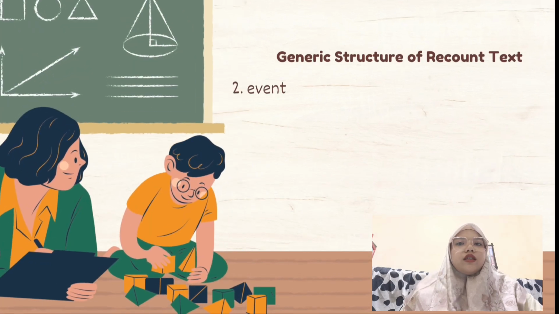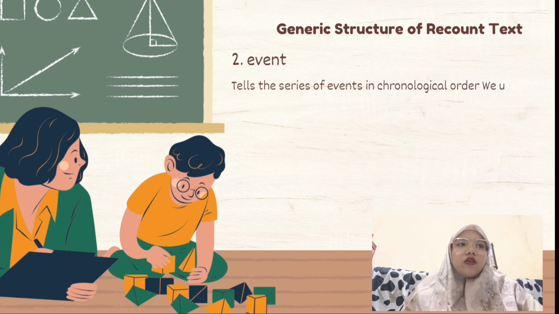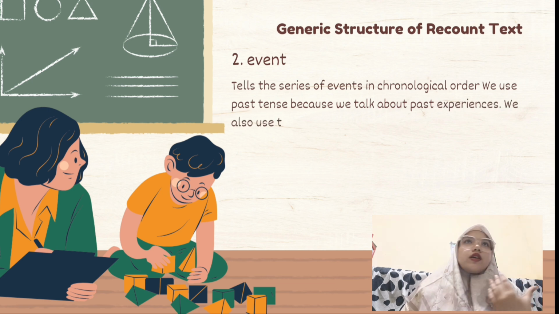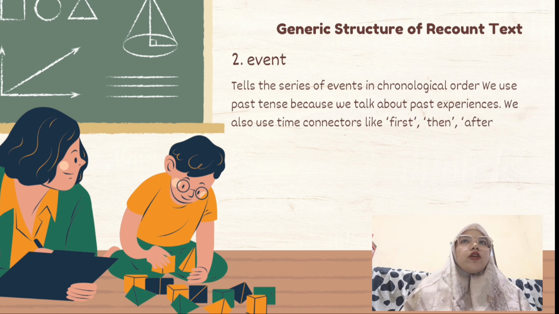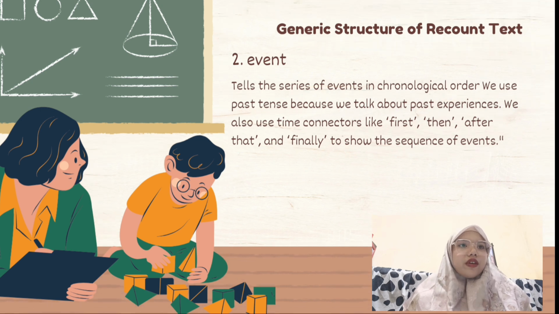Next is event. The event tells the story of events in chronological order. Of course, in the event we use past tense because we talk about past experience, right? And then we also use time connectors like first, then, after that, and finally to show the sequence of events.